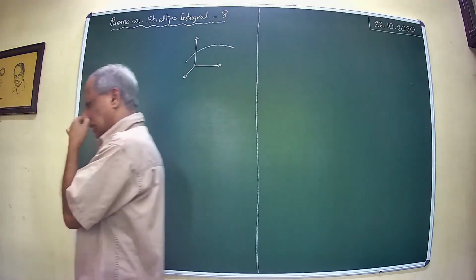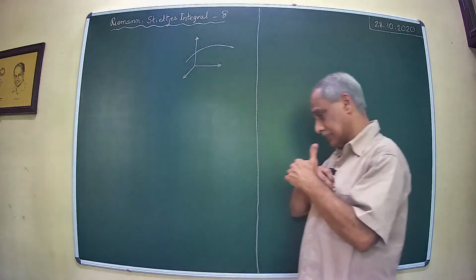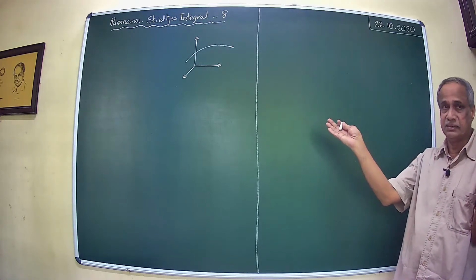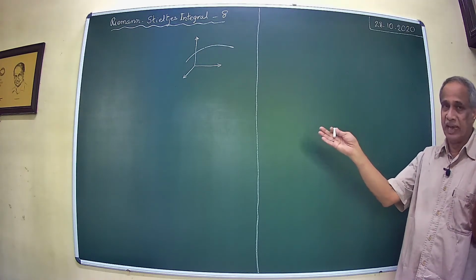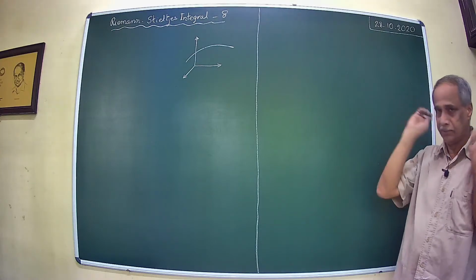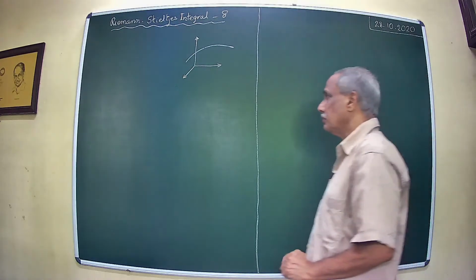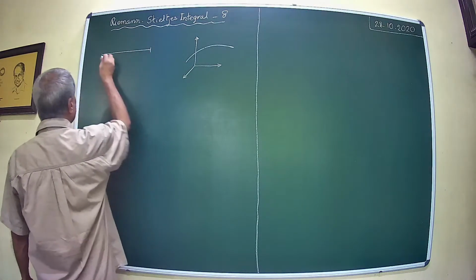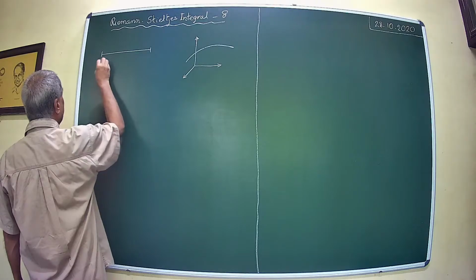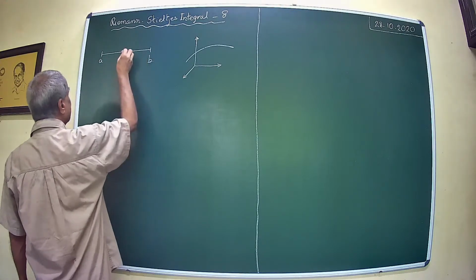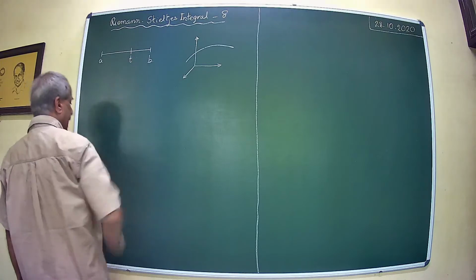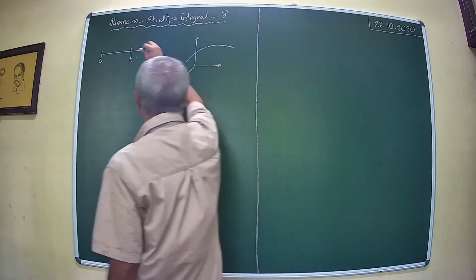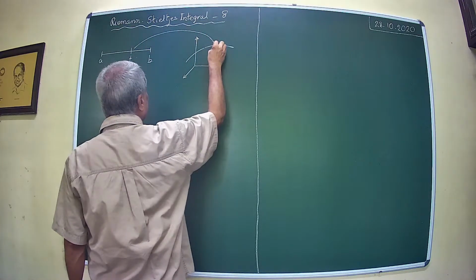Now, this corresponds to a change of coordinates in space with respect to time. Therefore, there is a time interval, say something like A to B. This is the time interval, and corresponding to each moment, there is a position in space that the particle occupies.